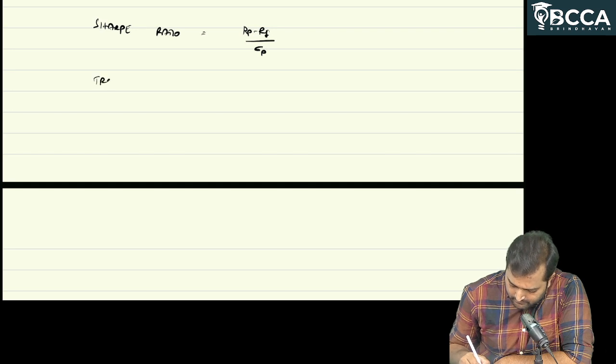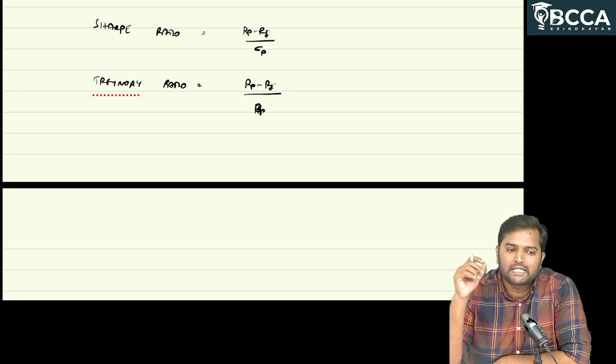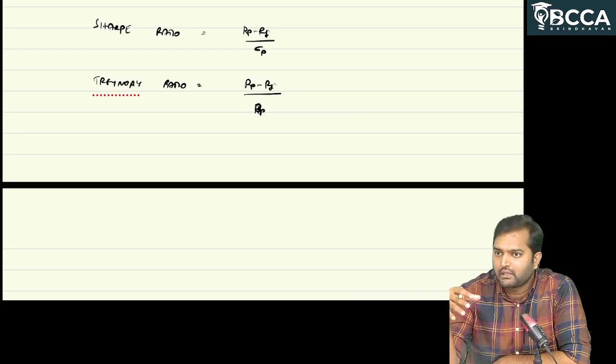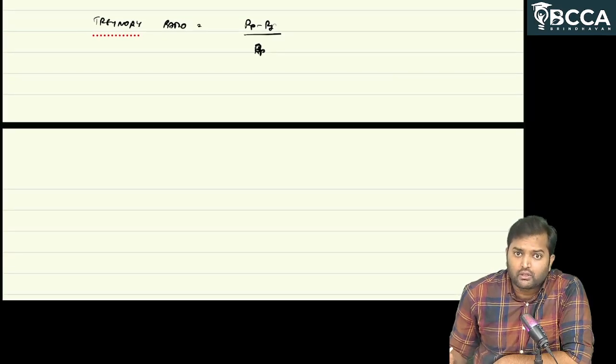Next, Treynor's ratio, Rp minus Rf divided by beta p. Treynor's ratio denotes excess return per unit of systematic risk. Next, Jensen's alpha, actual return minus CAPM return.